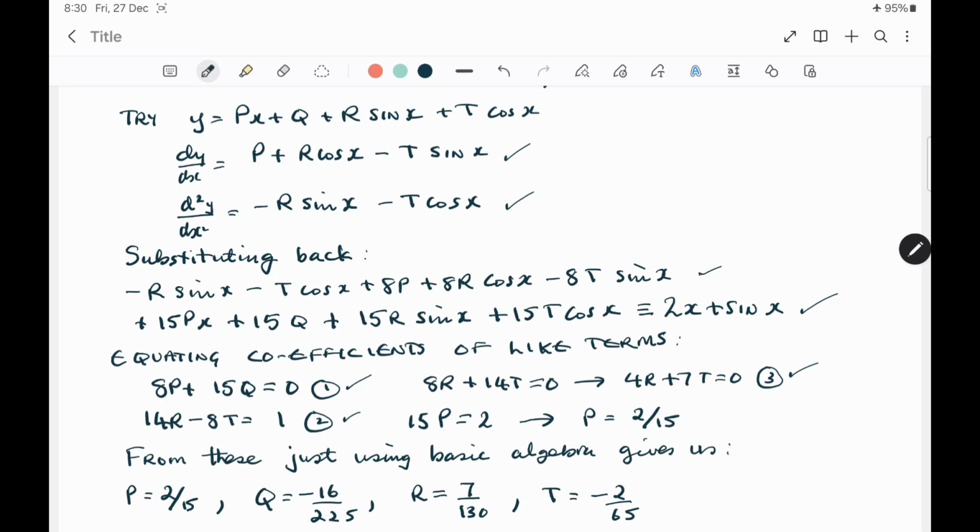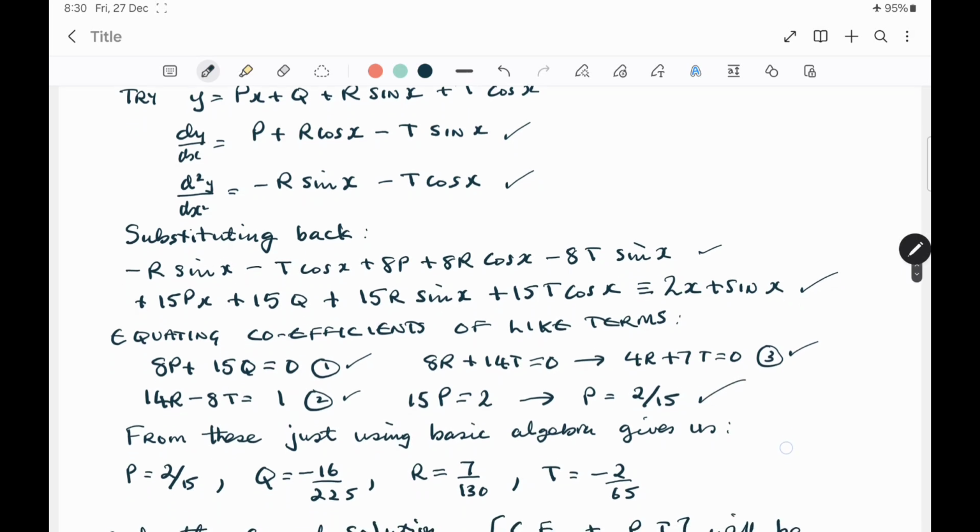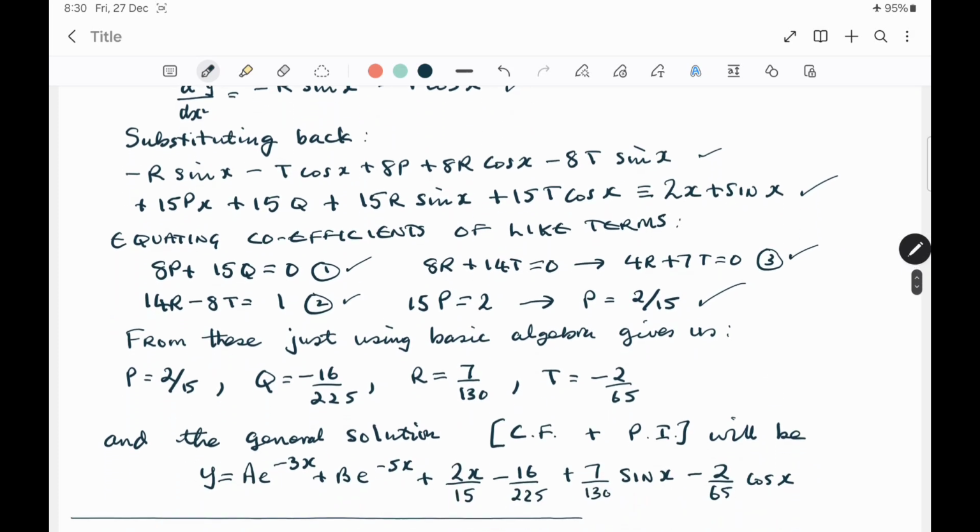And last of all, 15p = 2, which makes p equal to 2/15. So we got that far. From these equations here, and just using basic algebra, we'll get p = 2/15, q = -16/225, r = 7/130, and t = -2/65.